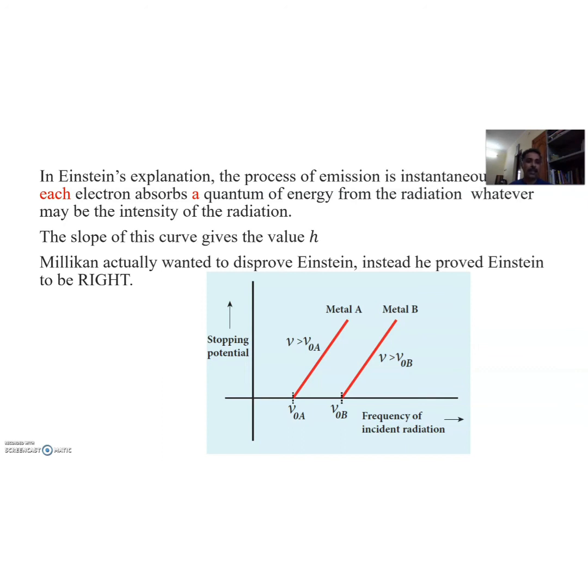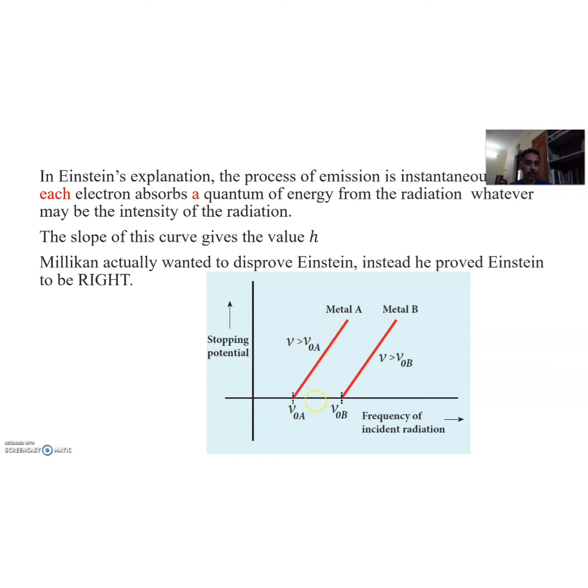So this is the greatest proof for Einstein's photoelectric equation. Right? So this is the linear curve: the stopping potential is directly proportional to the frequency of the incident radiation. If the frequency of incident radiation is more, we need a greater stopping potential. Yes, agreed. But the photoelectric emission will take place only beyond a certain frequency called the threshold frequency.